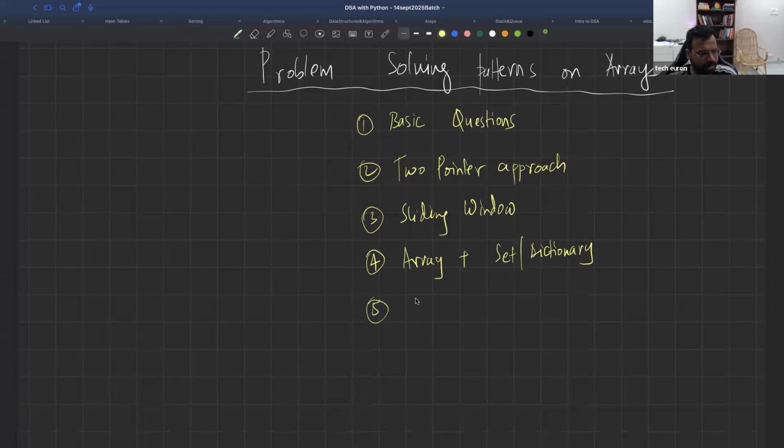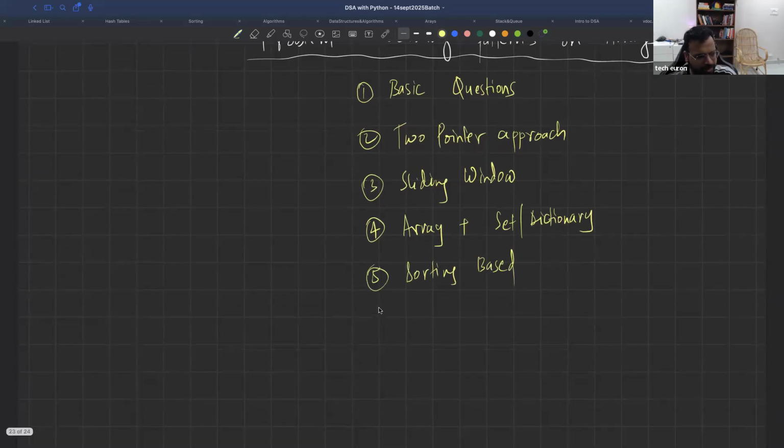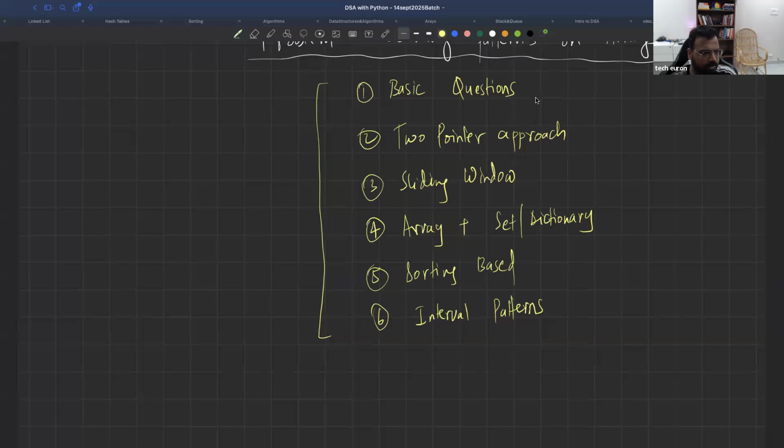And there are some questions which are sorting based. And there are some questions which are interval based. And there are more patterns also. Okay, I'm not saying that these are the only patterns, but these are the most common patterns. Okay, these are the common patterns that we will cover.